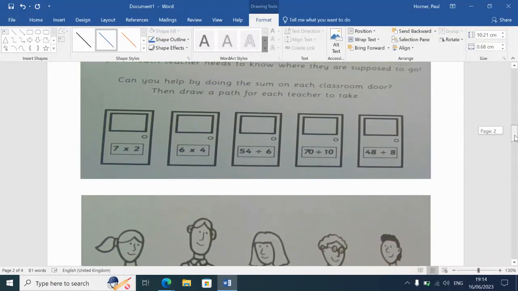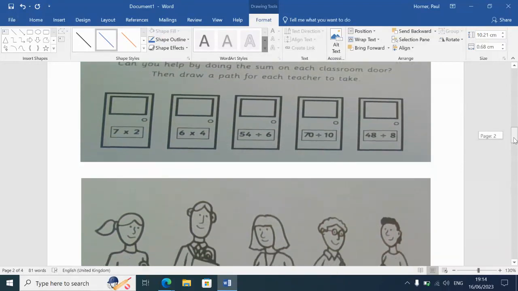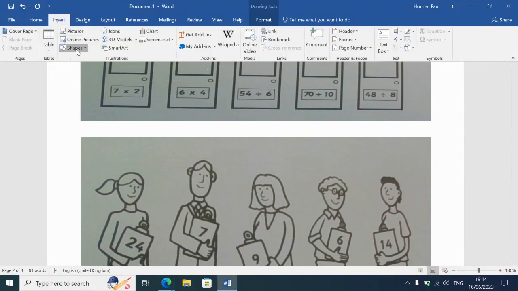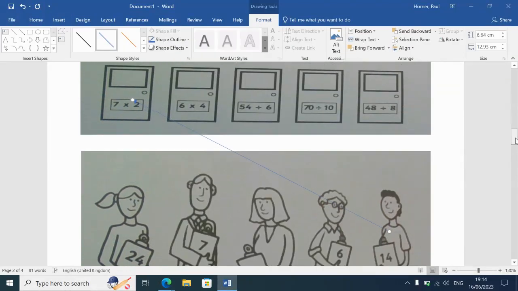So what about the first door? 7 times 2 would be 14. So the fifth teacher goes to classroom door 14.